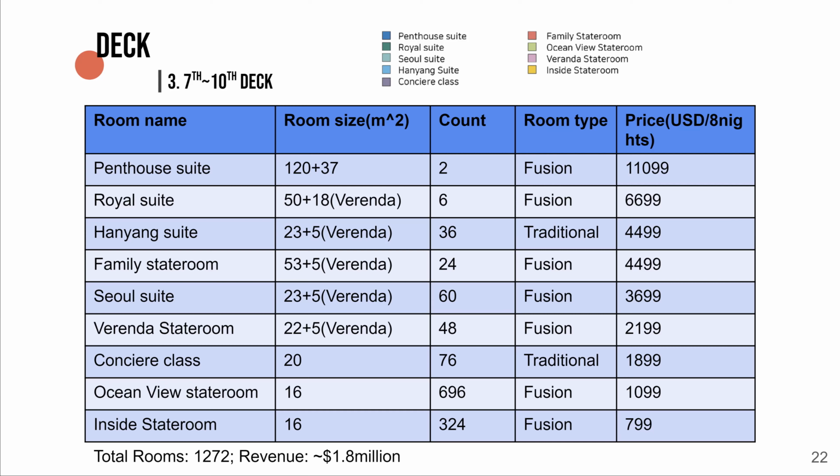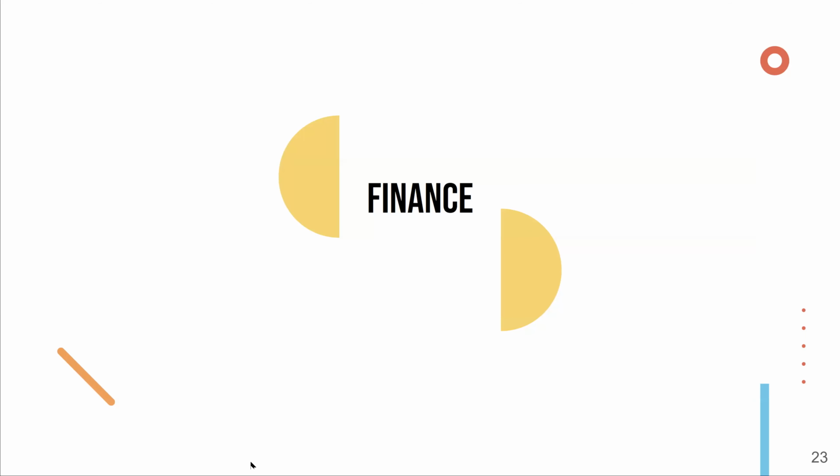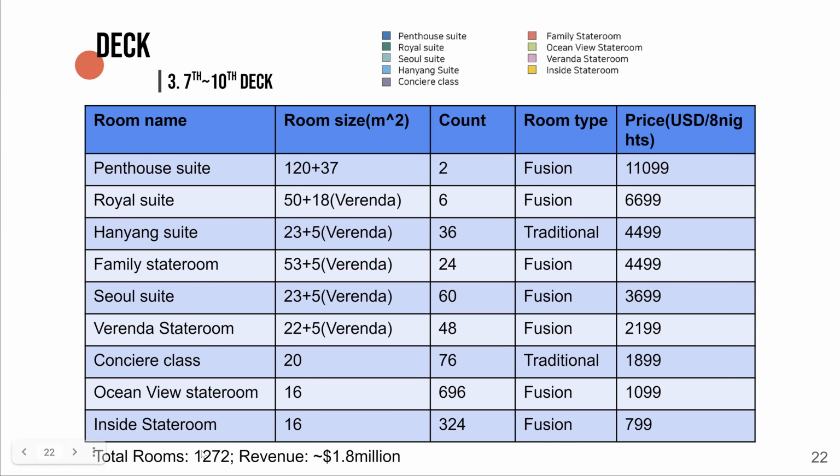So we are catering to a wide variety of customers from different demographics. In total, we have 1,272 rooms, and if all the rooms are occupied, we are expecting $1.8 million revenue just from the rooms alone, without any other on-board purchases or casinos, etc.